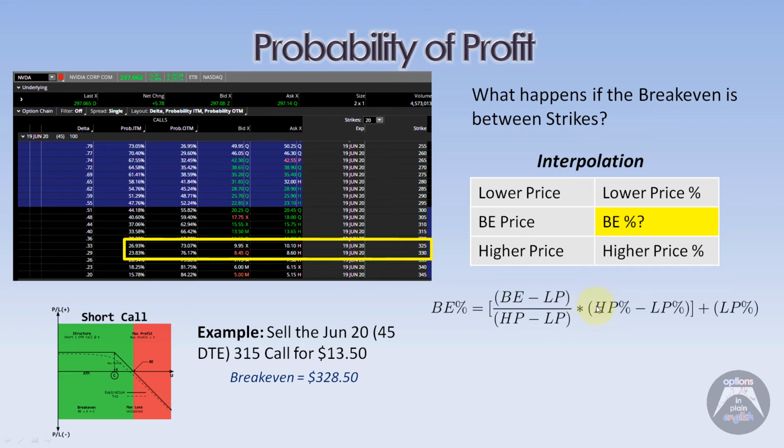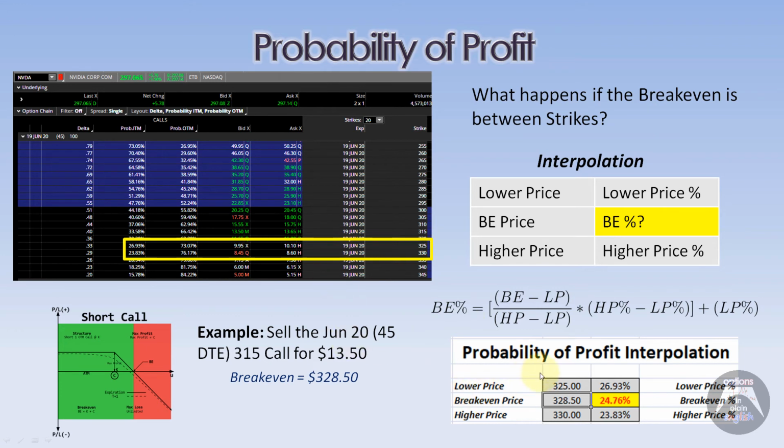So now you get the difference in percentages, the higher price percentage minus the lower price percentage, and that is the difference that you add to the lower price percentage, and then you're going to get the break-even percentage. So what I've done here is something that you can easily do. I've taken all this information and plugged it into an Excel formula, and I enter all these values: lower price, break-even price, higher price, lower price percentage, break-even percentage, higher price percentage.